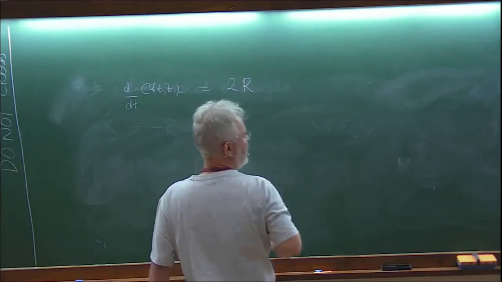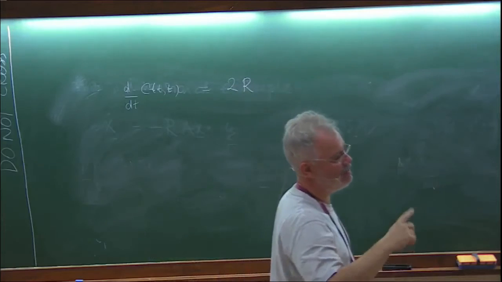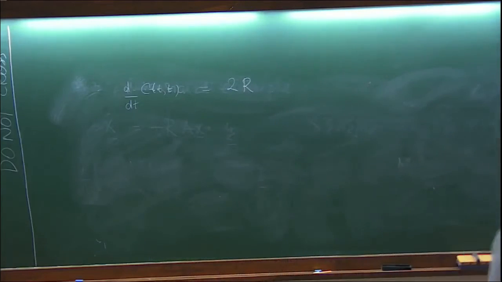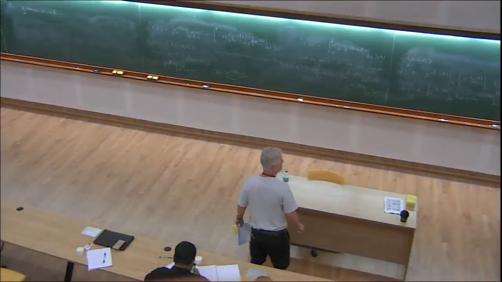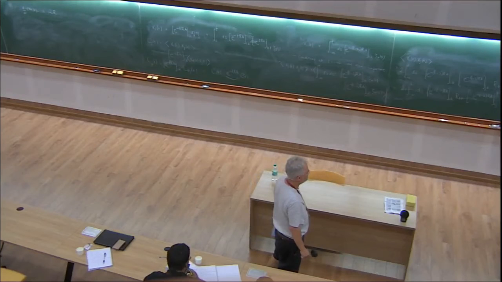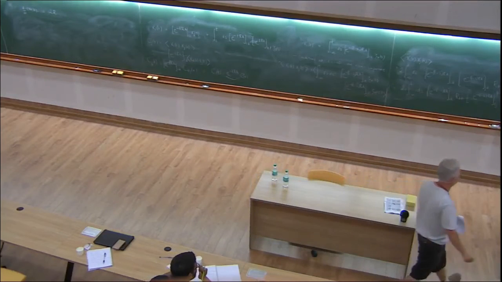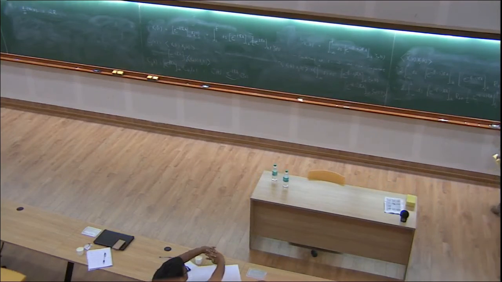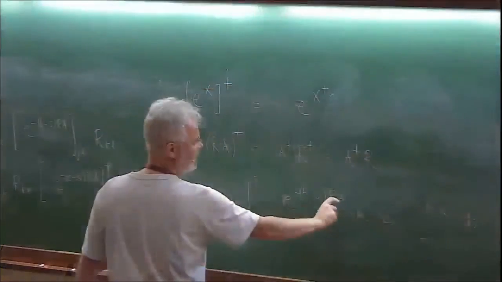Now who can tell me what happens if I differentiate the first exponential? If I differentiate the first exponential, it gives me RA times the exponential. It brings out a factor of RA, and I can bring it out either side.